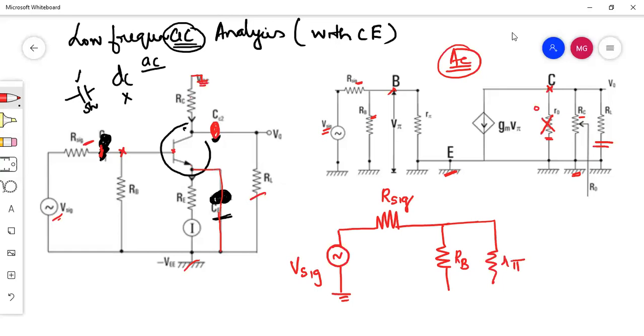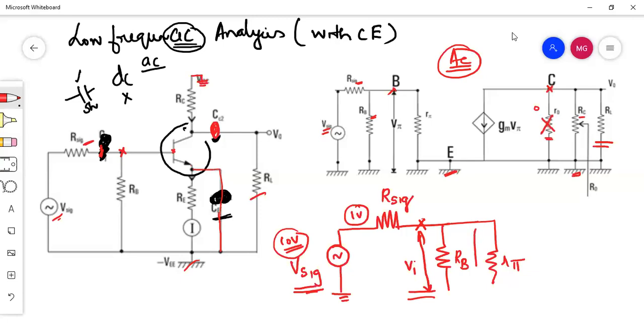The signal is not the input voltage. We will consider one voltage, that is the input voltage VI. Suppose I am giving 10 volts here. A drop of 1 volt comes here, and the remaining 9 volts is at this point. That means after the drop across this R signal, I will get some voltage. That voltage is called VI.